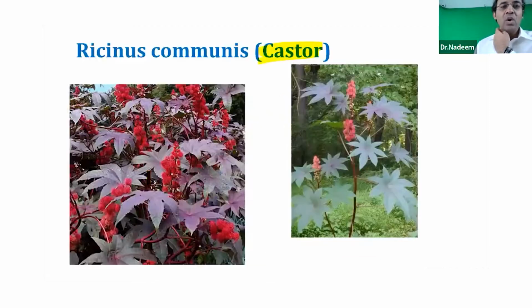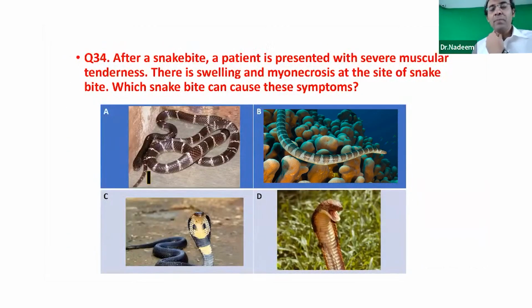Fine. Okay, next question. After a snake bite, a patient presents with severe muscular tenderness, swelling and myonecrosis at the site of the bite. Which snake bite can cause these symptoms? Now you tell me the name of snake A. Where there are brown and white bands, that is a krait.